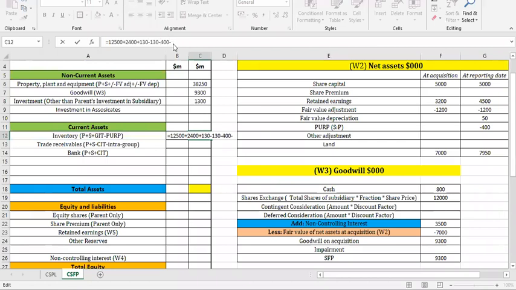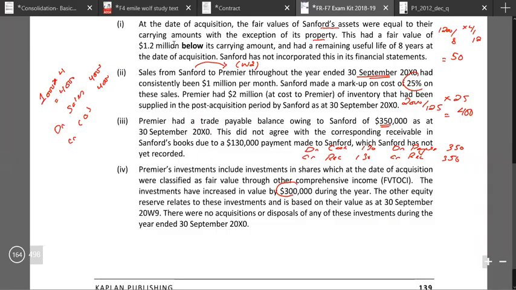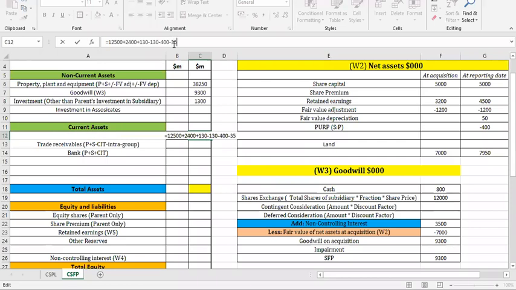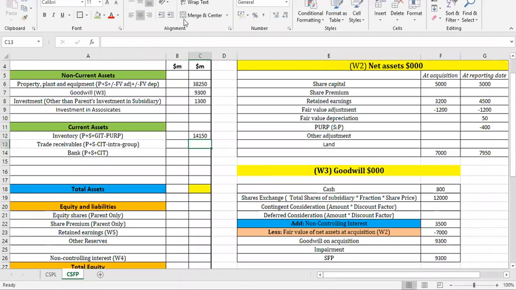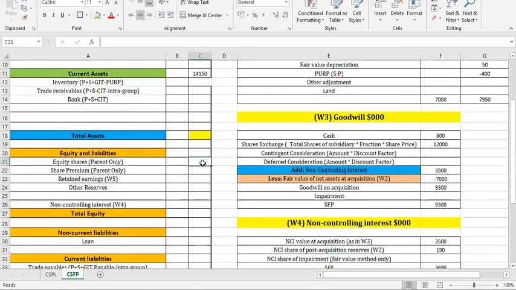Then intragroup receivables, what was that? 350. So we'll be doing all adjustments in the total current assets. So it will be 14,150. Okay, fine.